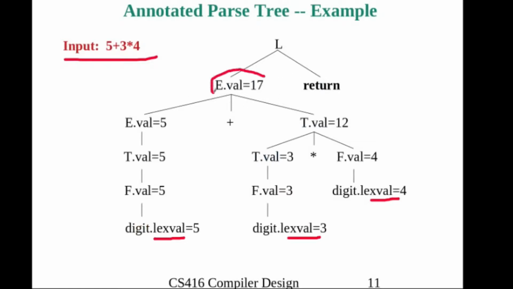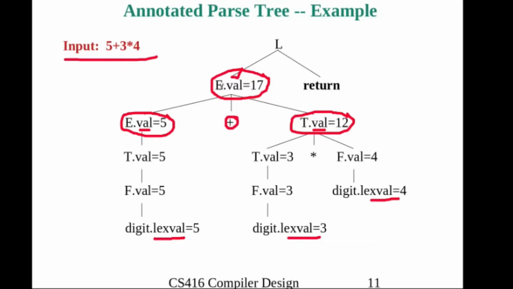Here this is one node, and val is the synthesized attribute of this node. This is another node, and val is the synthesized attribute. This is the third node. We are considering these three nodes. So val is the attribute, and in the middle is plus.